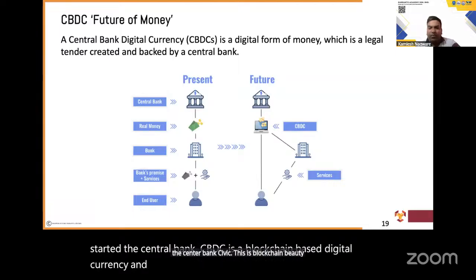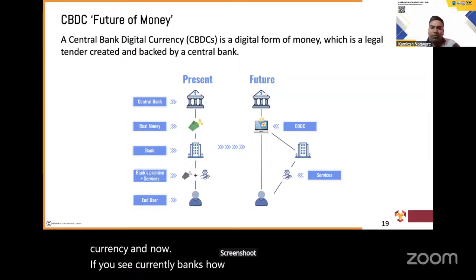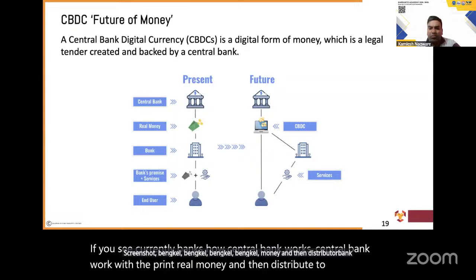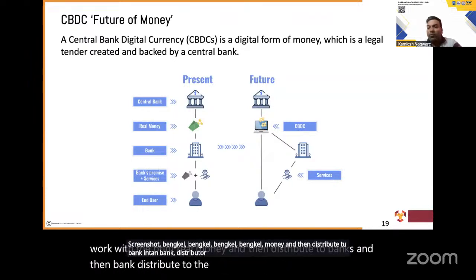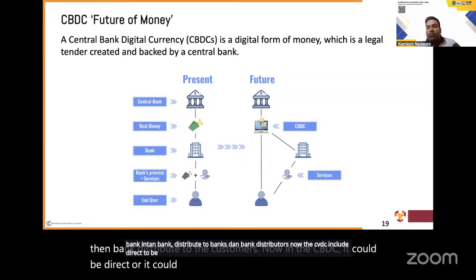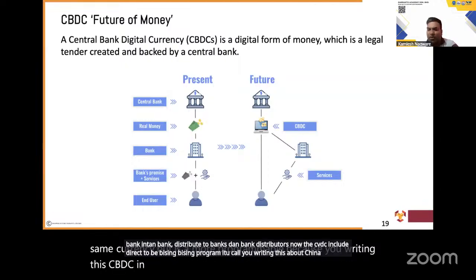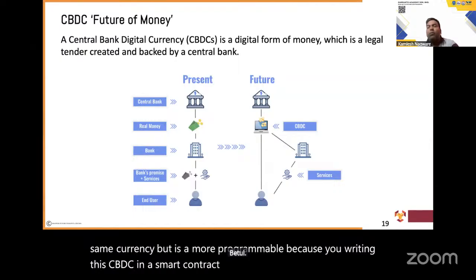Currently, the central bank prints real money and distributes to banks, and then banks distribute to the customers. Now in the CBDC, it could be direct or it could be this way. It is simply the digital token of the same currency, but more programmable because you write this CBDC in a smart contract.